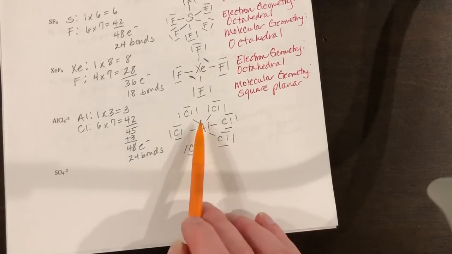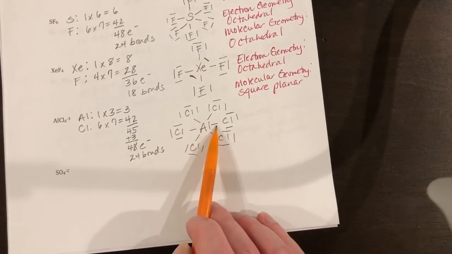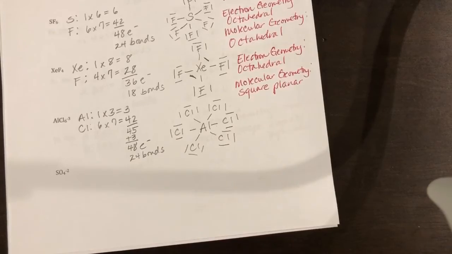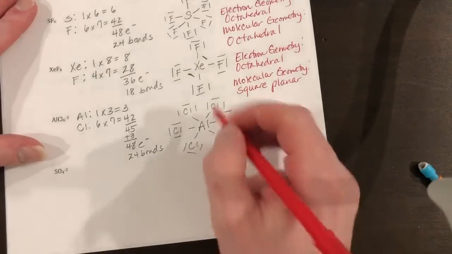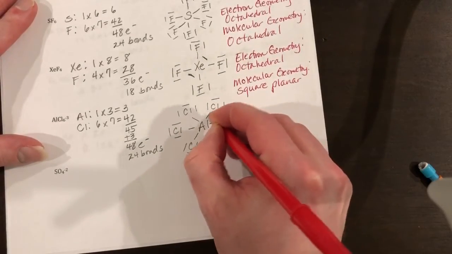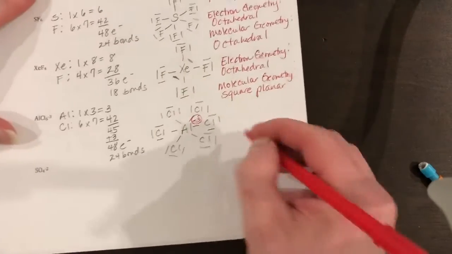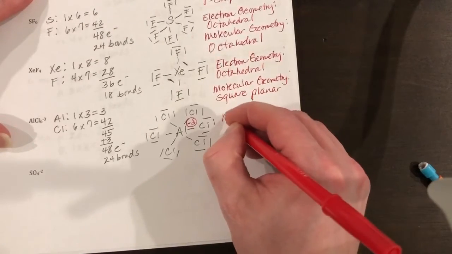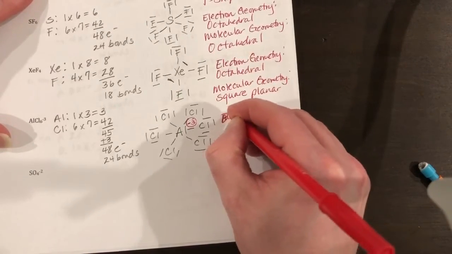But see, you got 1, 2, 3, 4, 5, 6. So it's supposed to have 3 bonds, but we have 3 extra ones. So that's where we're going to get this -3 charge. So your molecular geometry, electron geometry.